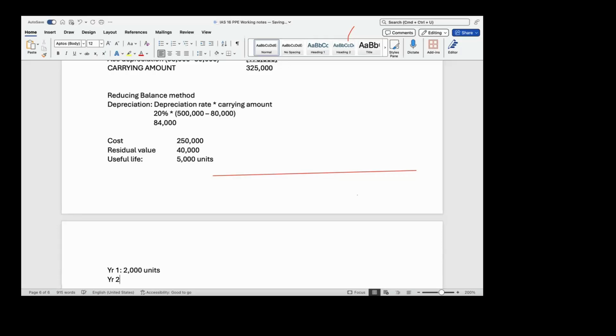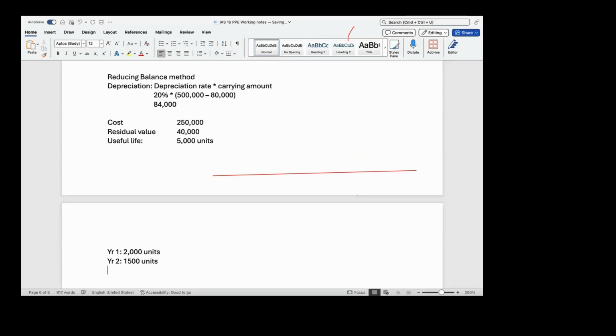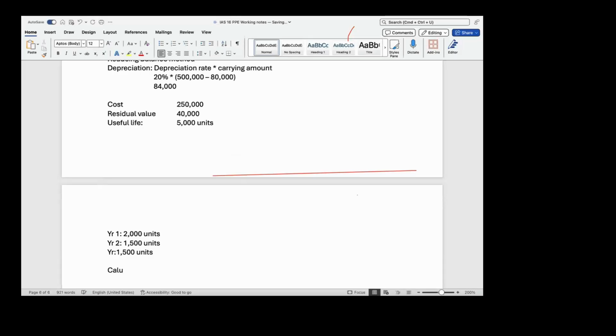In year two, can produce 1,500 units. In year three, can produce another 1,500 units. Now calculate depreciation.